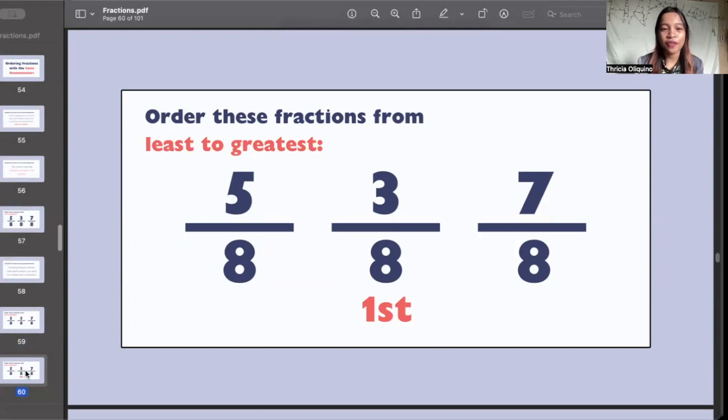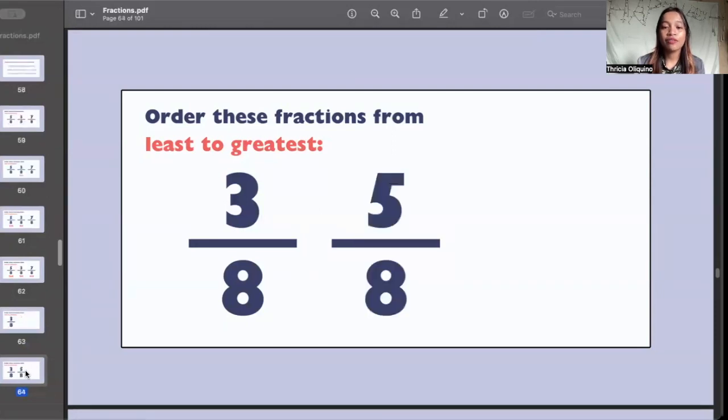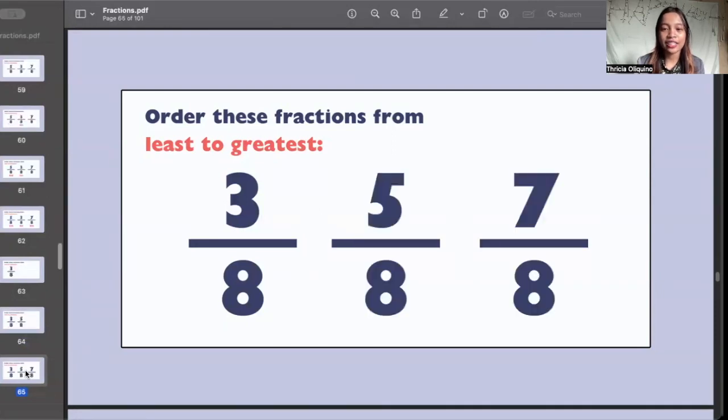So 3/8 is the first or the least fraction. How about the second one? It's 5/8. Good job. How about the last or the greatest? The greatest fraction there is 7/8. And if we list them all together, we have 3/8, 5/8, and lastly, the greatest or the largest one, which is 7/8.